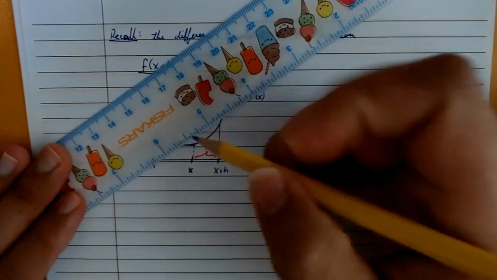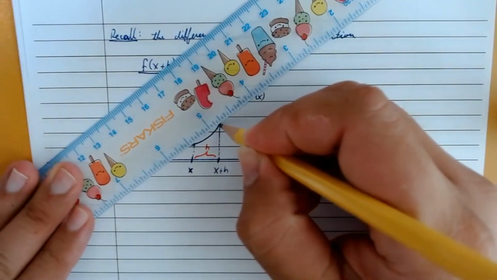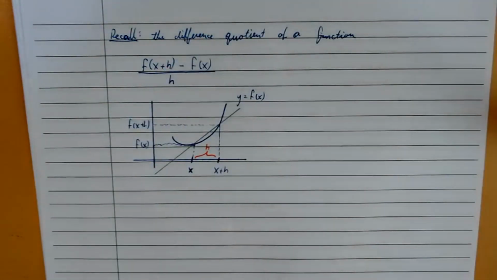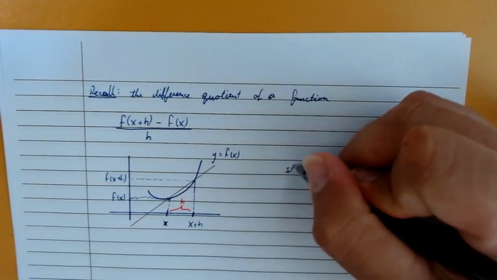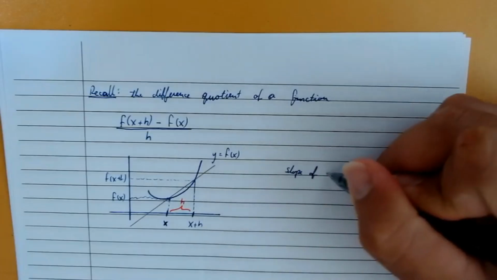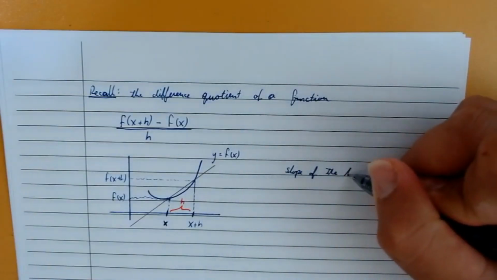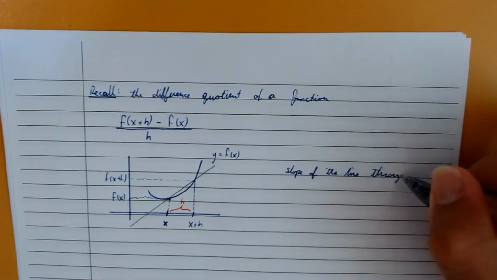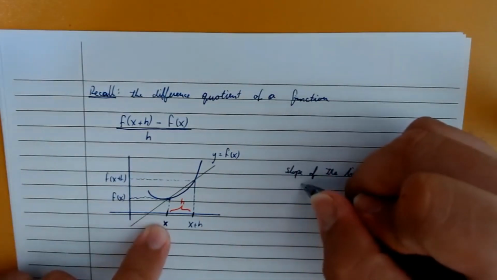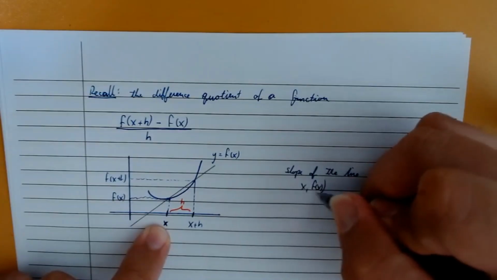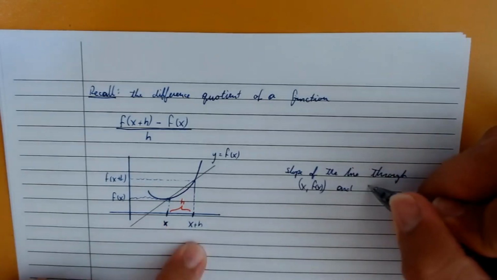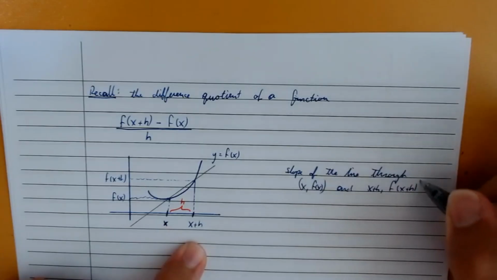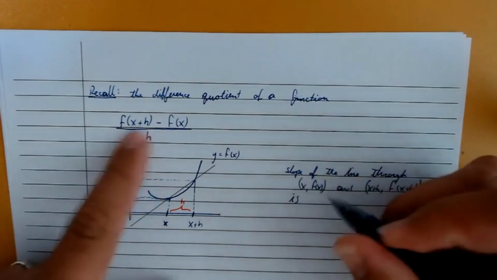So what that means is, if I connect these two points with a straight line, the slope of this line is the difference quotient. So here, the slope of the line that passes through x comma f of x and x plus h comma f of x plus h is the difference quotient.